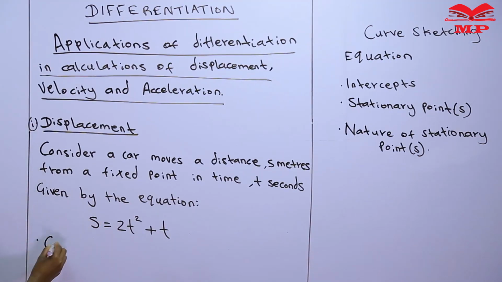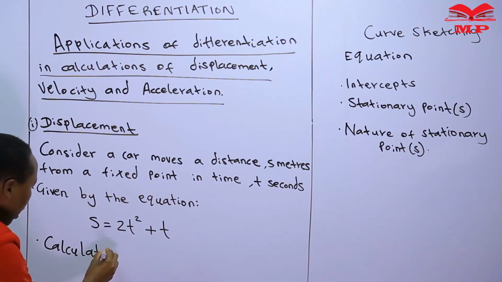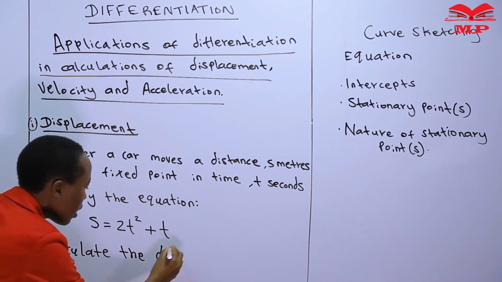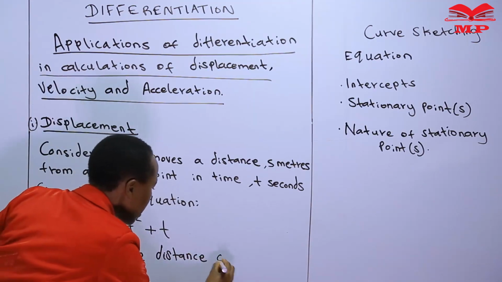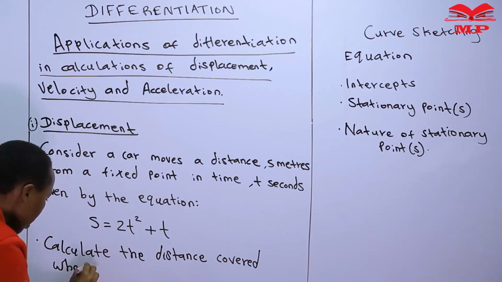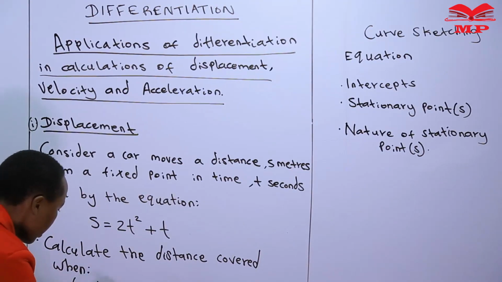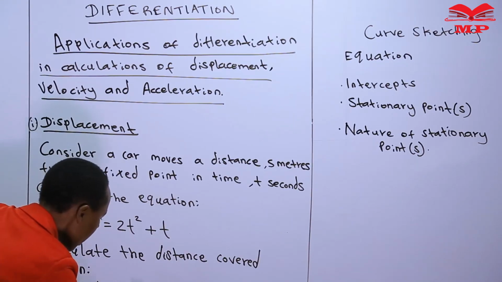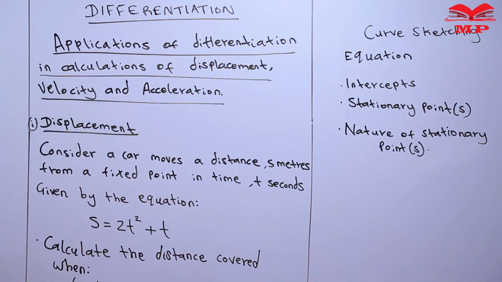So we are now told to calculate the distance covered when t is equal to 1 second. We have been given the equation that connects the distance and the time, and we are told to calculate the distance covered at the point where t is equal to 1 second.